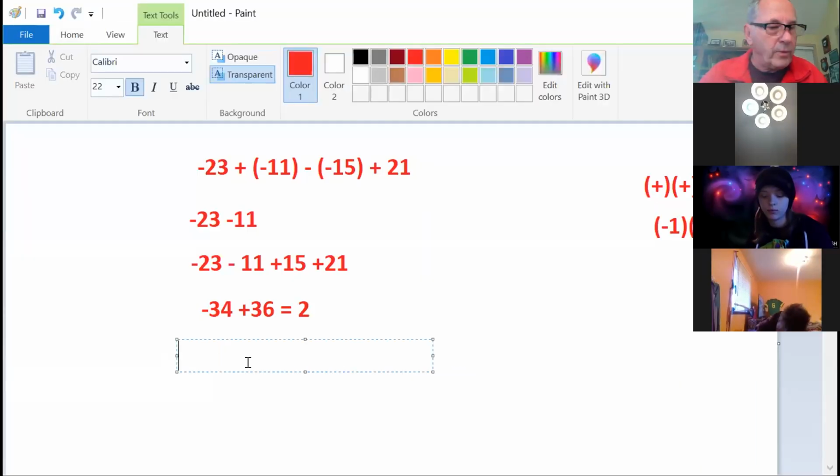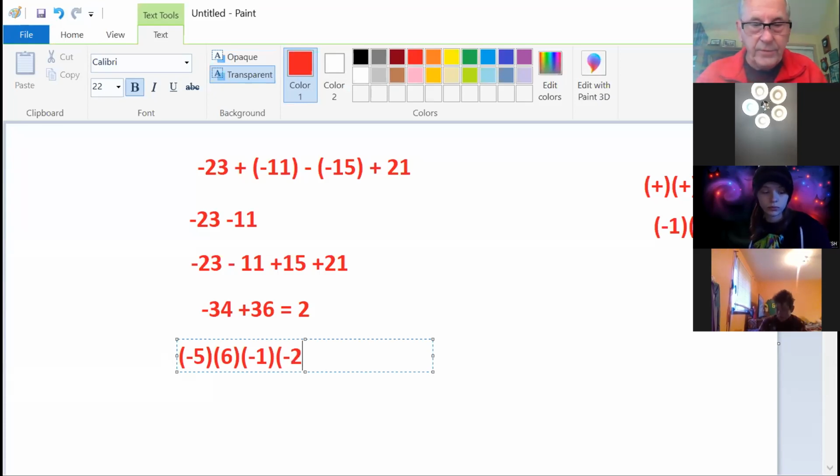Okay, you can see my board? Yep. Okay, so it's -5. The second one is 6. The third one is a -1. The fourth one is a -2. So it looks sort of messy, doesn't it? But it's not that hard, okay?